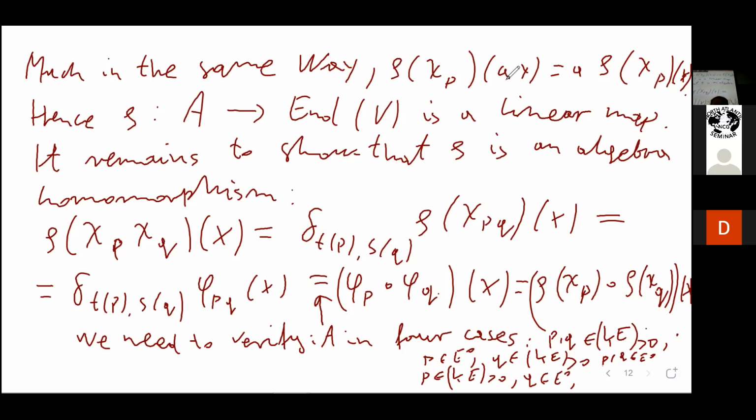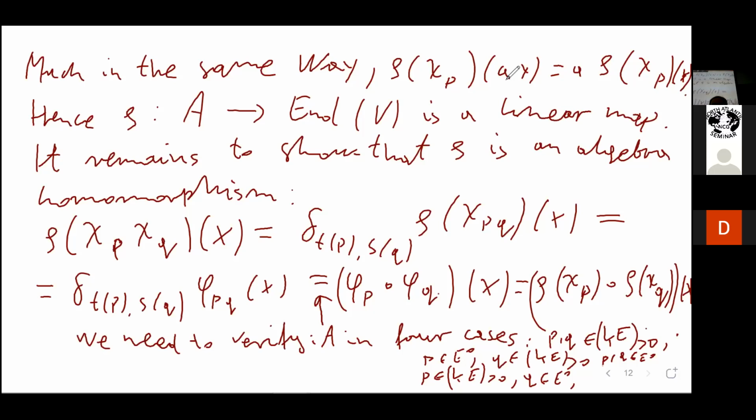So this will be 0. But now if the two vertices are the same, well, then composition of two projections is just the same projection. And this would agree. Here I have 1 when the vertices are the same. Then v times v is v, so I have phi v of X. And here I have phi v of X, so I have this equality, all right?